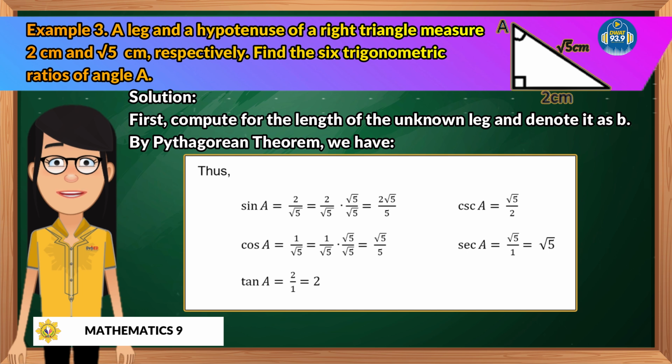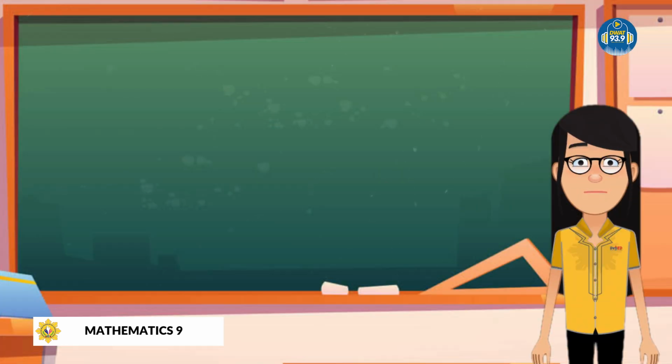For tangent A, we have 2 over 1, or 2, and its reciprocal cotangent A is equal to 1/2.